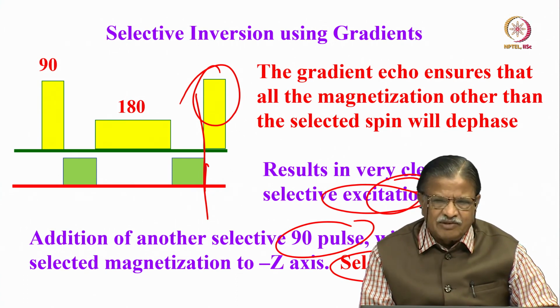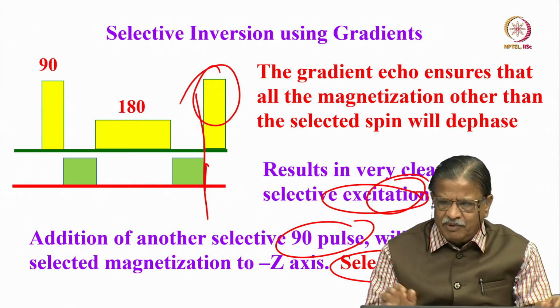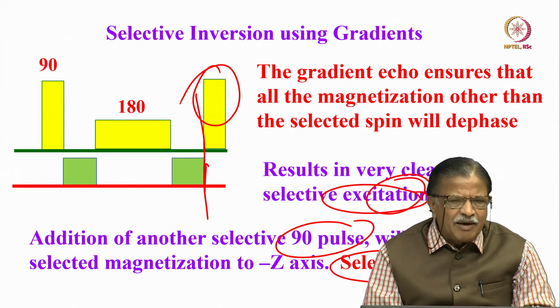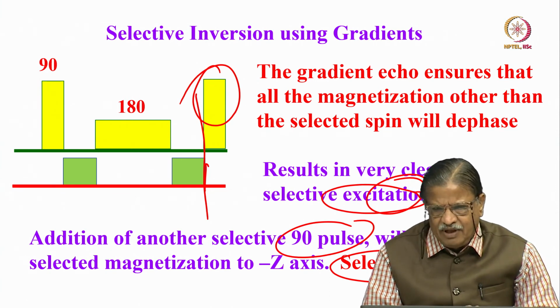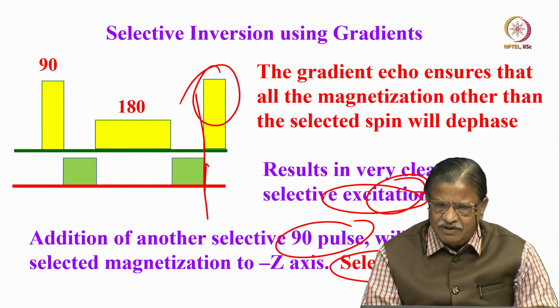Selective inversion can also be cleaned up. If there is any imperfection, that also can be removed by the gradients. So we saw a number of examples, including pulse imperfection removal, selective excitation, and selective inversion.